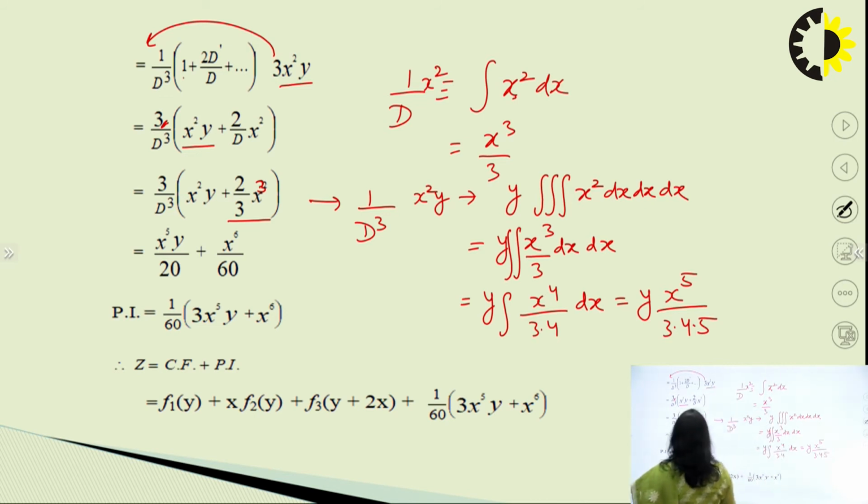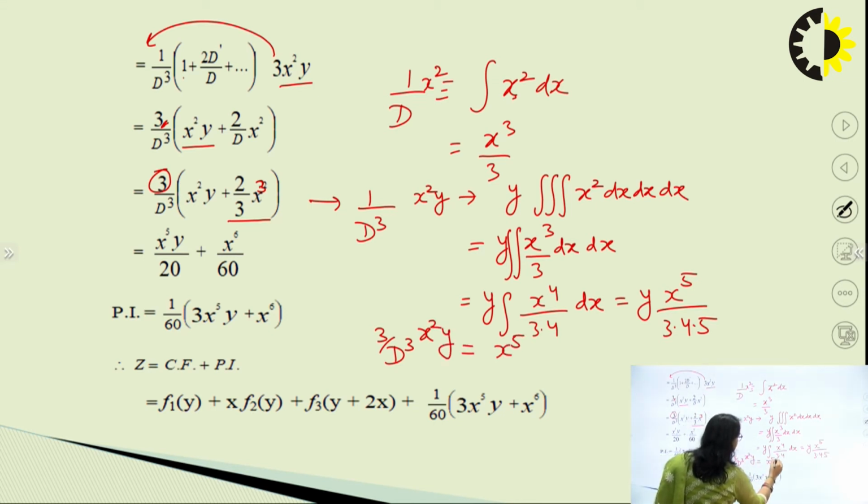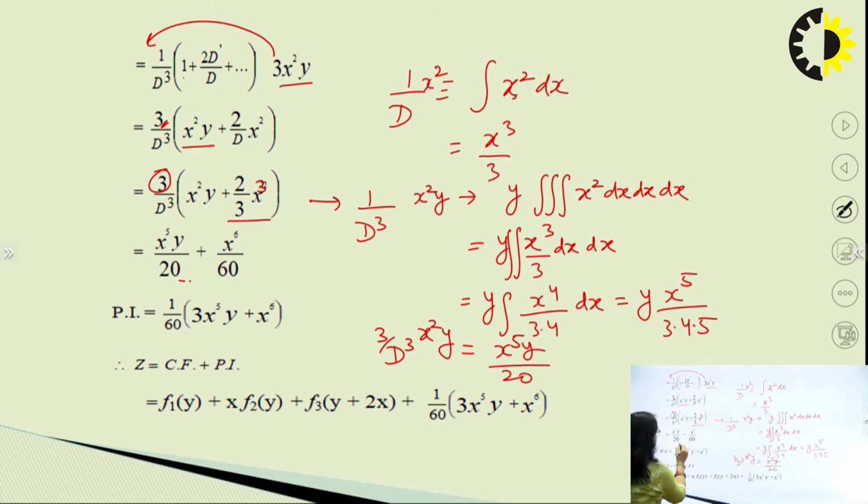Since I was having 3 outside, on being multiplied by 3, 3 upon d cube applied to x square y, I will get x to the power 5 y divided by 20. So this expression I am having like this.